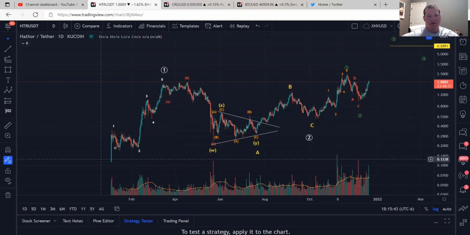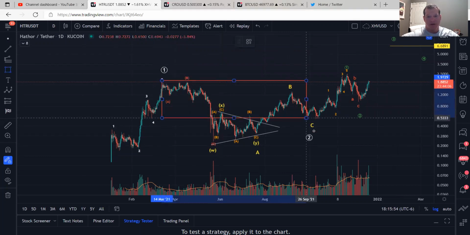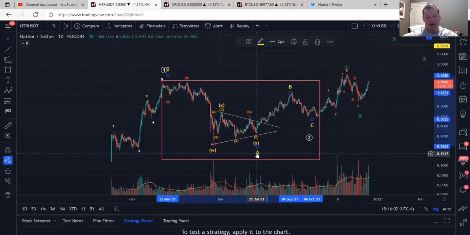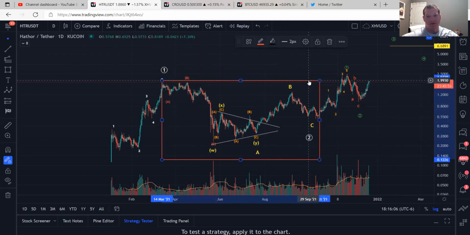The first scenario is this is a 1, 2, 3, 4, 5, so a macro 1 wave. And then this structure here is a macro 2 wave, being a WXY to create your A, and then a B and a C. So this would be a running flat.